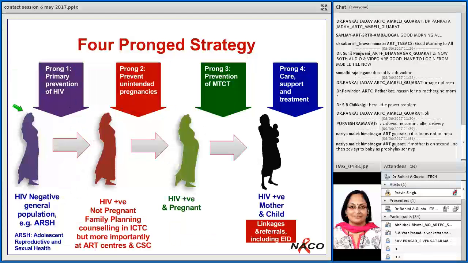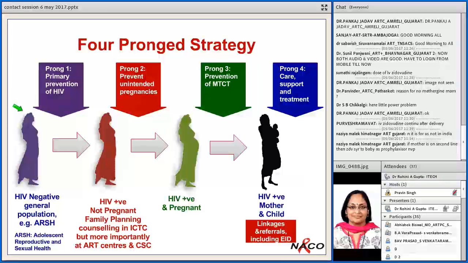The third prong of prevention is in an HIV positive pregnant mother. The steps have already been explained. Start on ART, ensure institutional delivery, ARV prophylaxis in the baby, and safe breastfeeding.